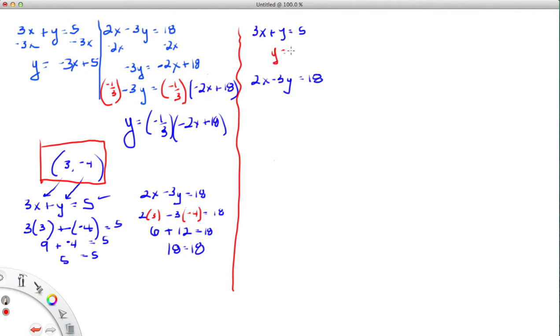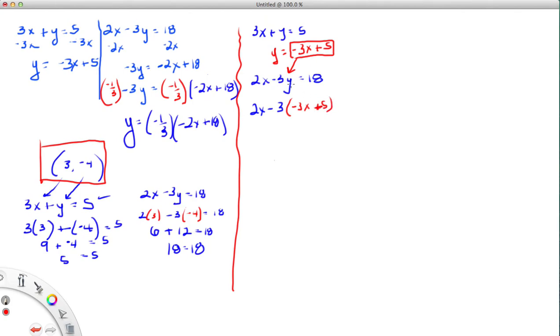We already did it earlier, right? So I'm just going to subtract 3x from both sides. So I get y equals negative 3x plus 5. And then you're going to take this and substitute it into that equation right there. So you have 2x minus 3 times negative 3x plus 5.